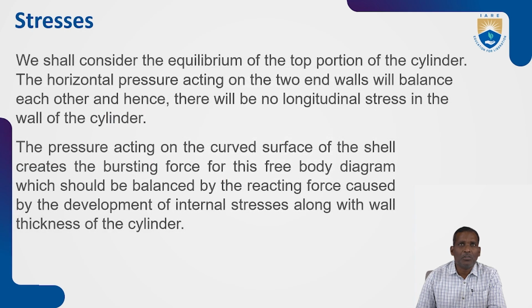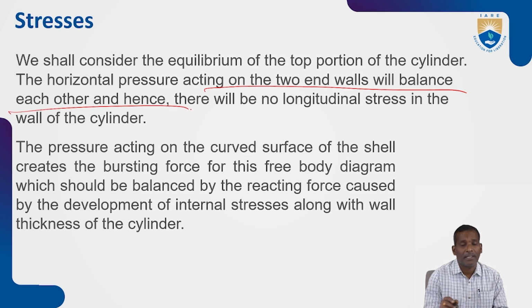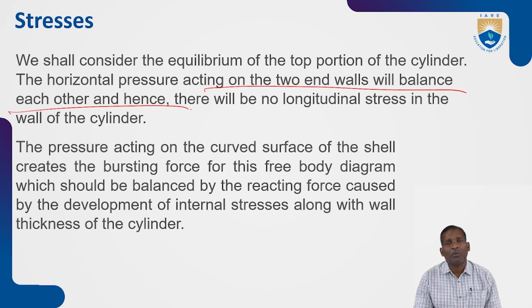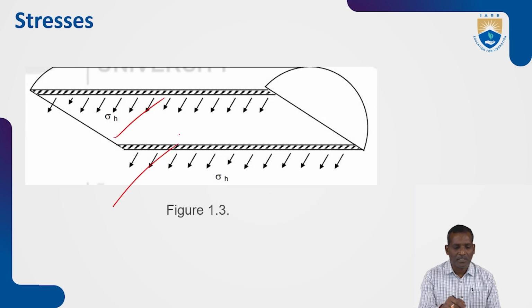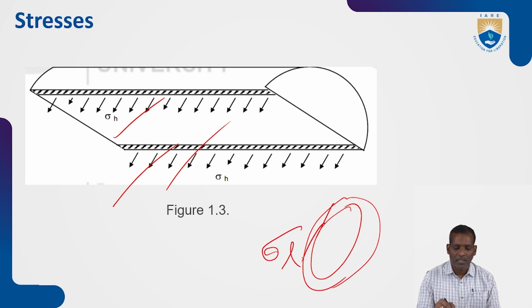We shall consider the equilibrium of the top portion of the cylinder. The horizontal pressure acting on the two end walls will balance each other, and hence there will be no longitudinal stress sigma L in the wall of the cylinder.